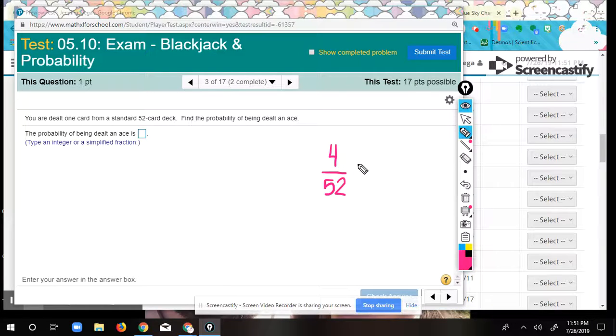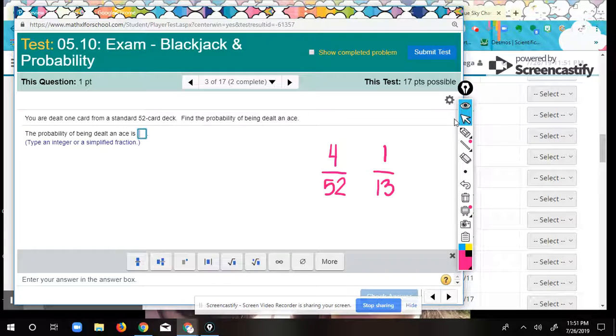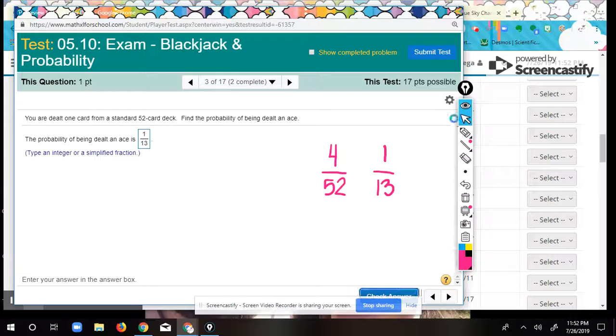If you're ever not sure, you can always Google how many aces are in a deck. We reduce 4 out of 52 because they're both even, and you end up with 1 out of 13. Don't forget to reduce your probability. Yay!